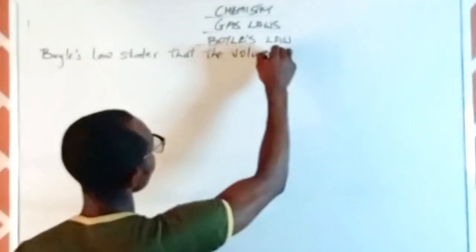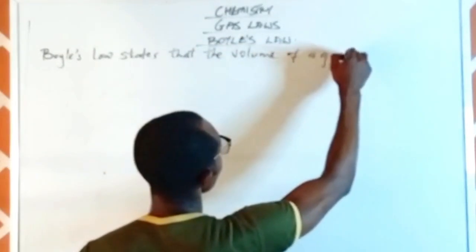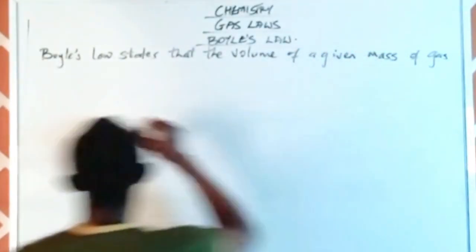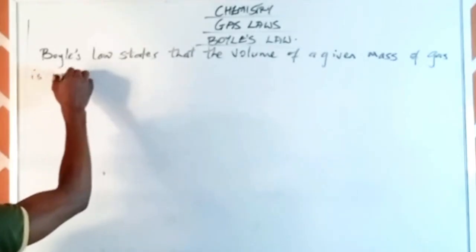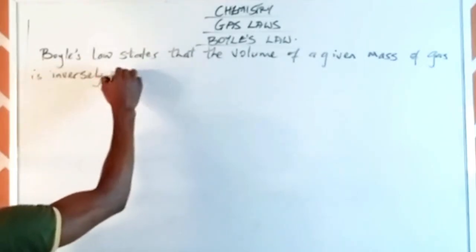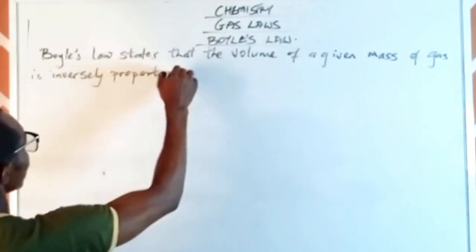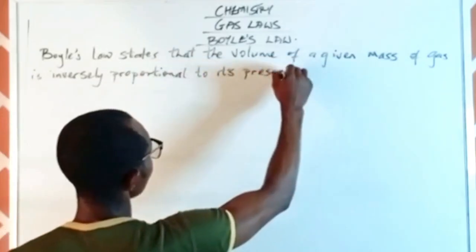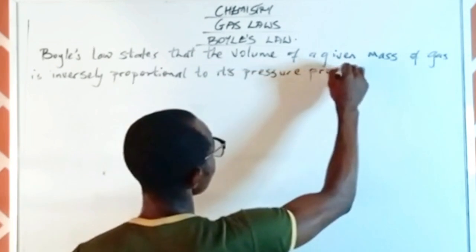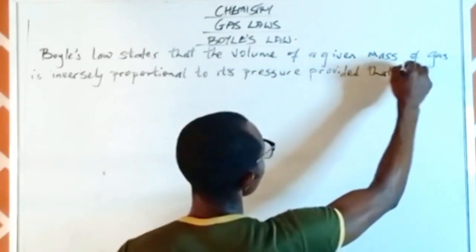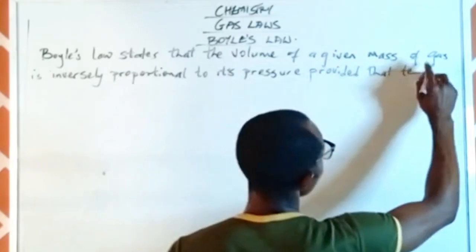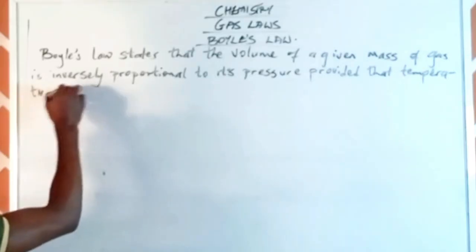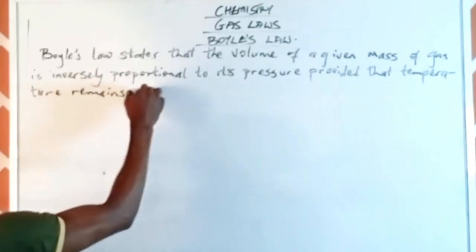the volume of a given mass of gas is inversely proportional to its pressure, provided that temperature remains constant.